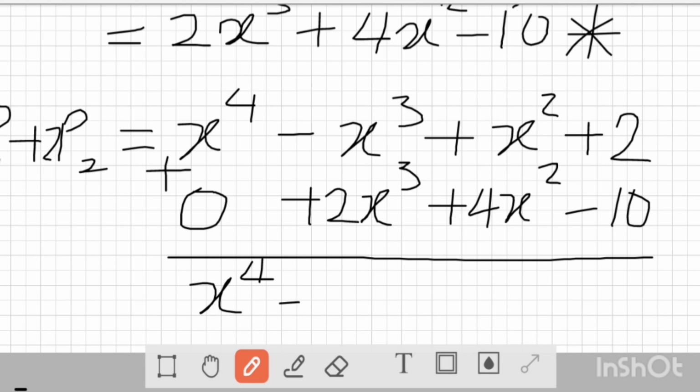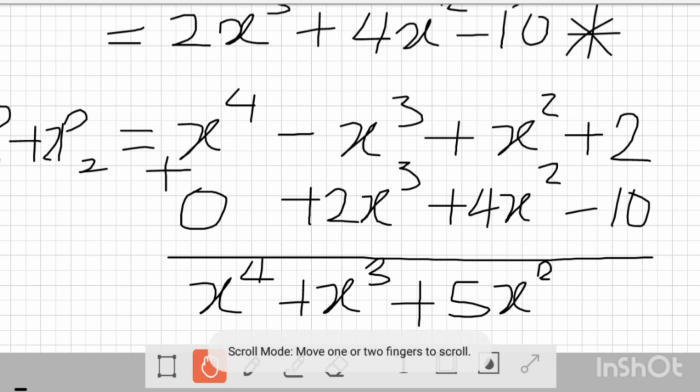And that means here I have plus x raised to power 3. So the third term here is x raised to power 2 plus 4x raised to power 2. So this means just like adding 1 and 4. So 1 plus 4 is 5, then it will be 5x raised to power 2.